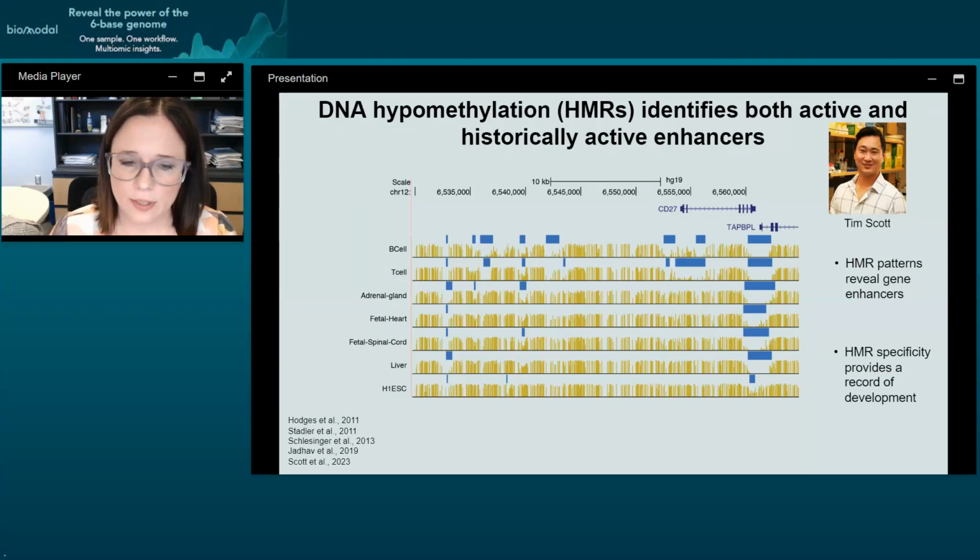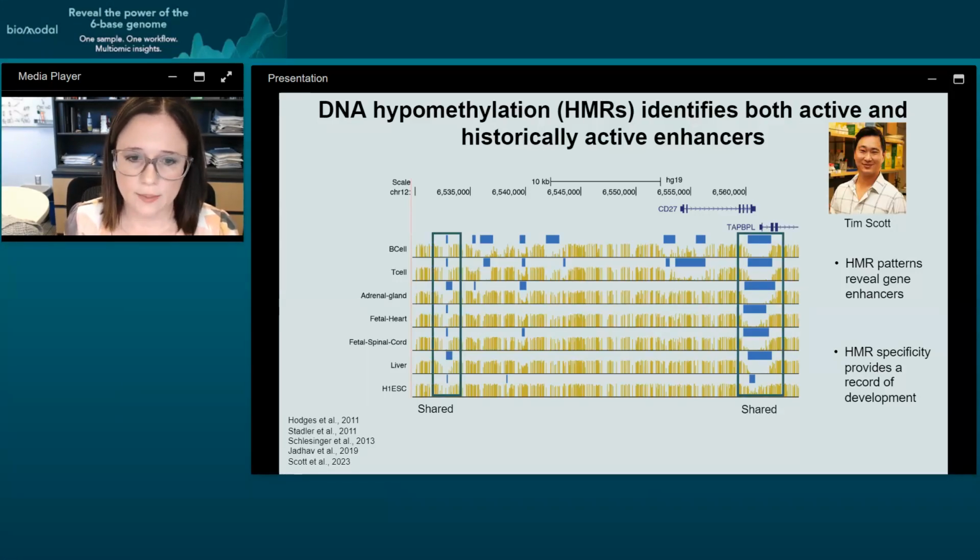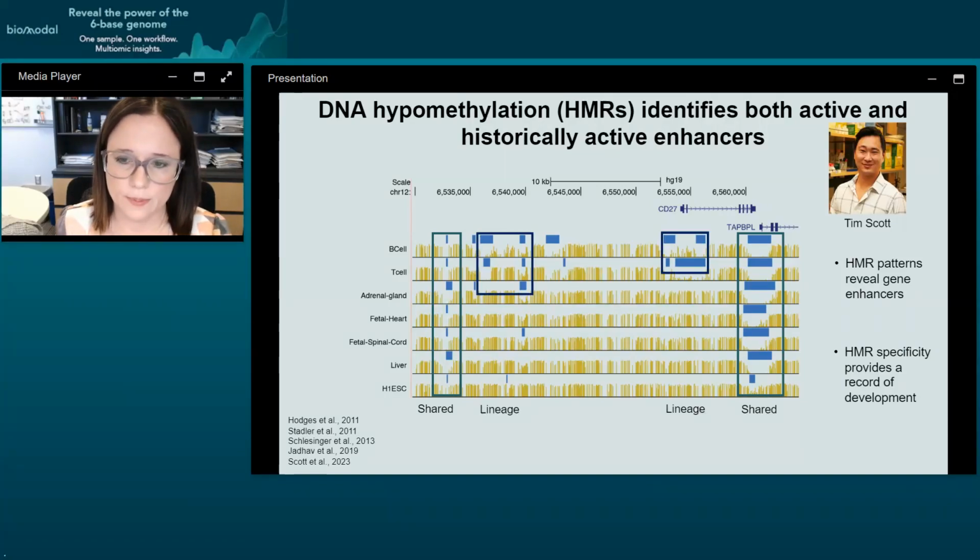But if we compare these methylation profiles across different developmental time points and different types of cells from different organ systems, what we can immediately understand is that these hypomethylated regions, or HMRs, can either be highly shared between cell types, or they can be shared between a very specific subset of lineage-specific cell types. And some of them are even very cell type specific.